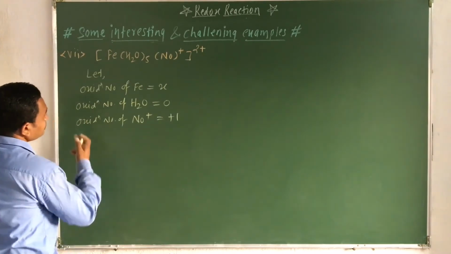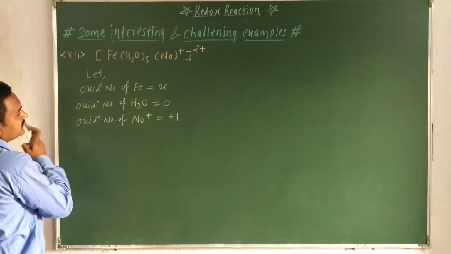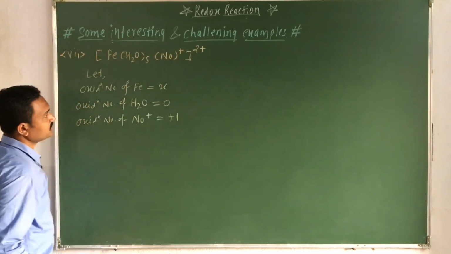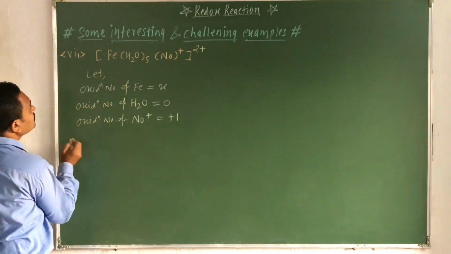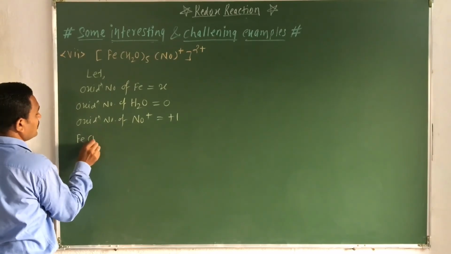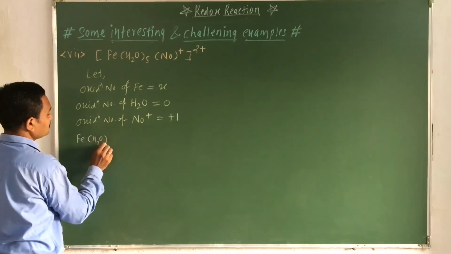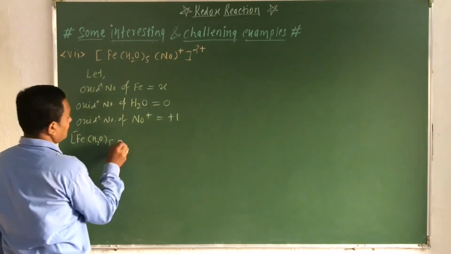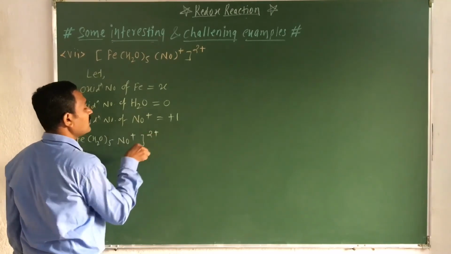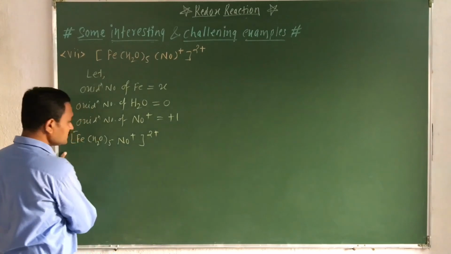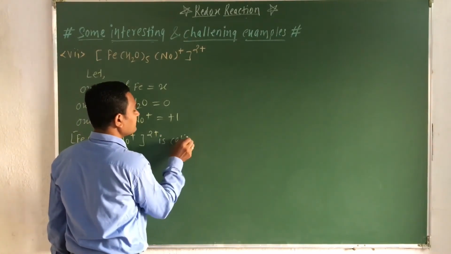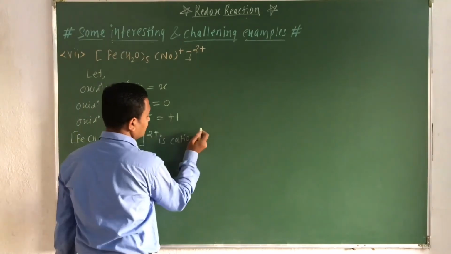Then after considering all the entities inside the square bracket, that is the coordination entity, Fe(H2O)5 NO, with the plus 2 charge, this coordination compound is a cationic entity, a cation.